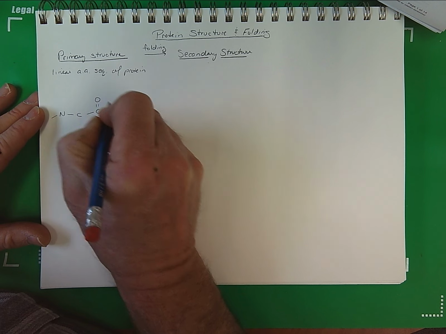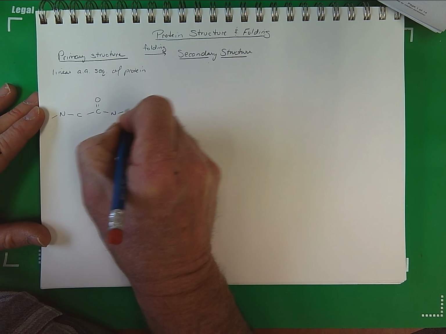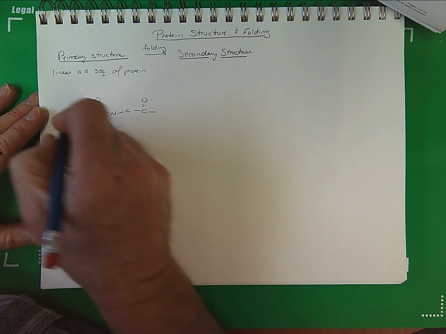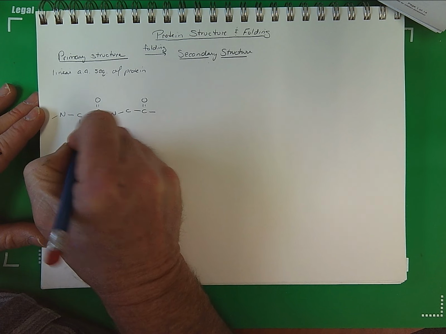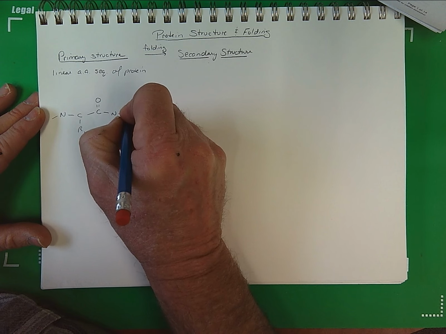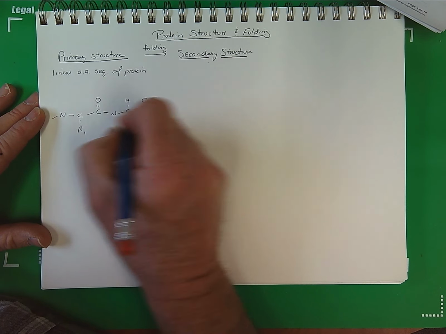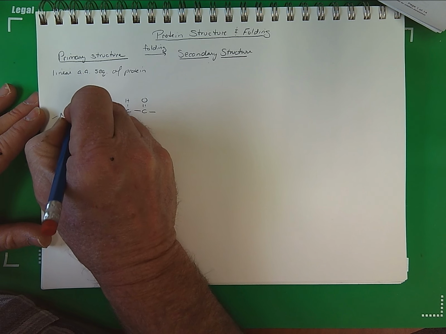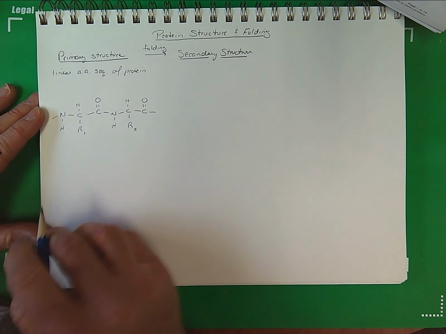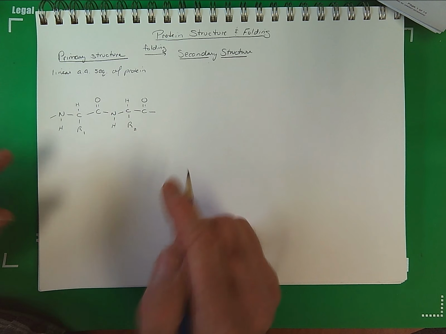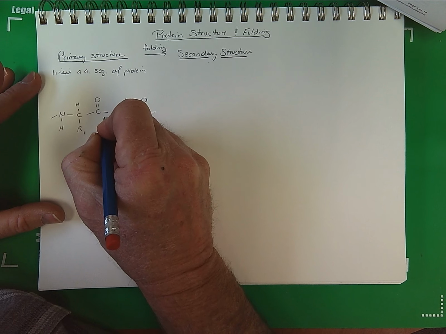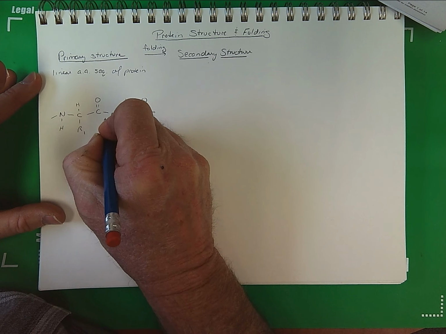So I'm just going to draw a couple of amino acids here linked together. Here is our amino acid 1, amino acid 2 side chains. We have a hydrogen here. We have a hydrogen here. We have one here on the nitrogen and one on the nitrogen. Now recall, when we link two amino acids together, we're forming a peptide bond.